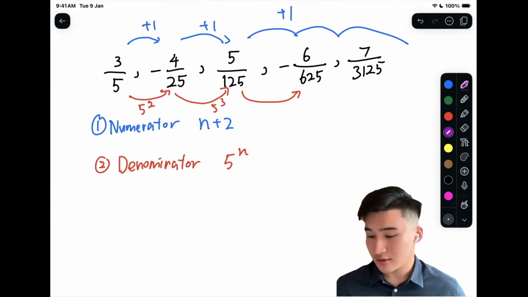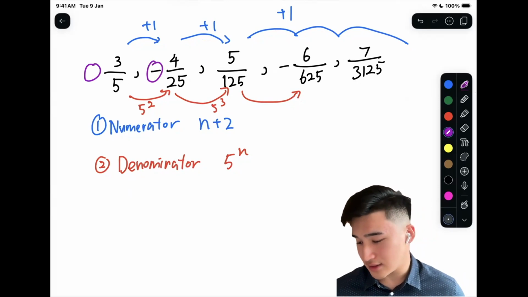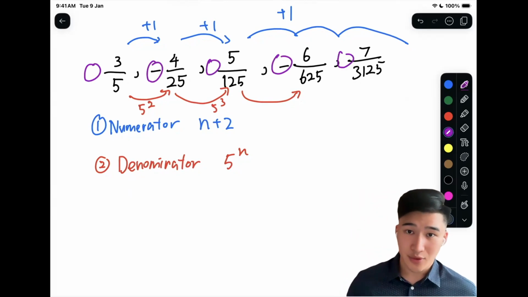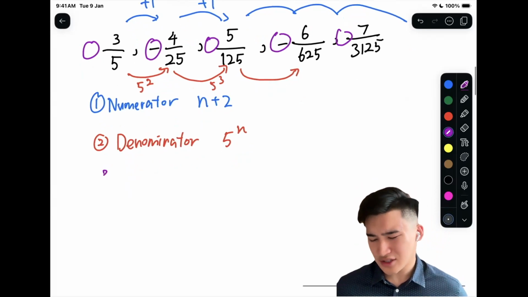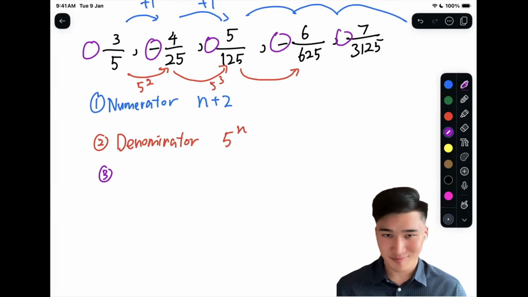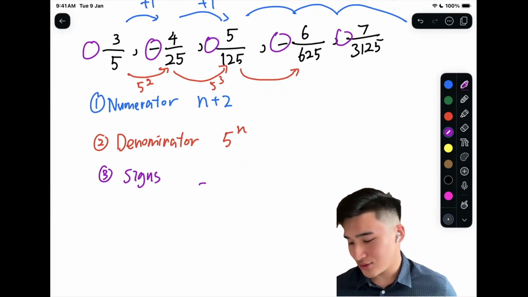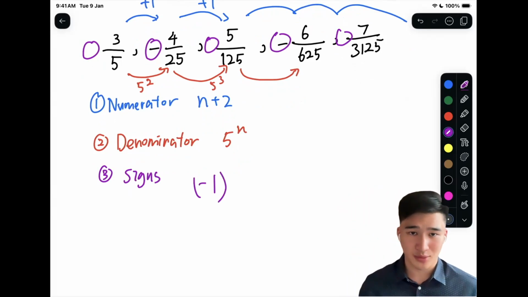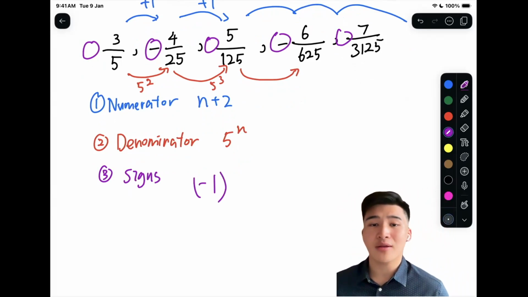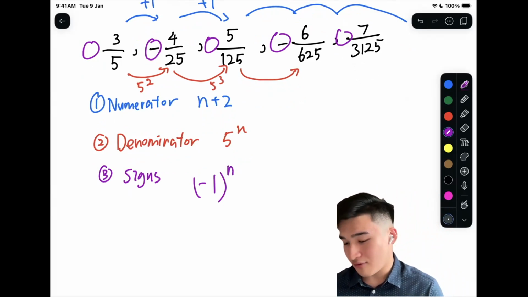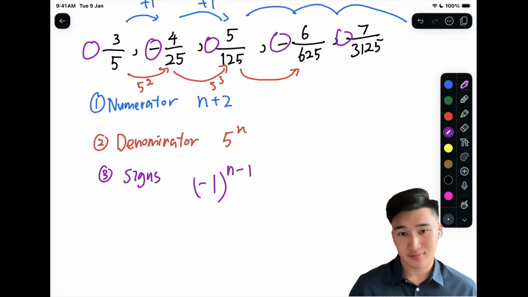And last but not least, don't forget the signs that you see here, just plus, minus. And how do we do this? It's actually pretty simple. We have done it just now. To do a fluctuation between positive 1 and negative 1, all we have to do is take a negative 1, and then take it to the power of n minus 1.